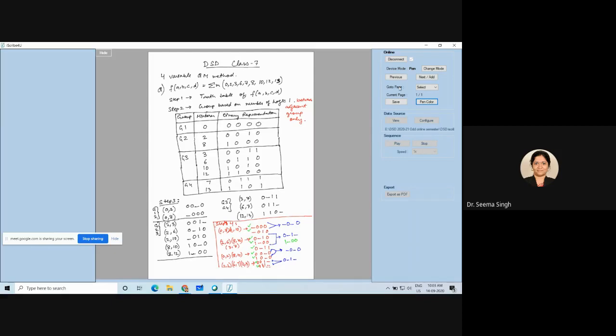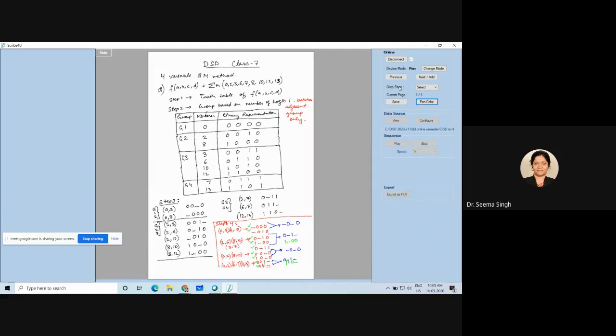It's 12. 12, 13 is not getting paired, so I will have to take care of it separately. It is 1, 1, 0 dash, right? 1, 1, 0 dash.